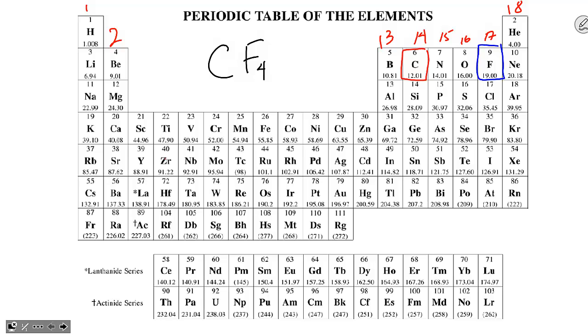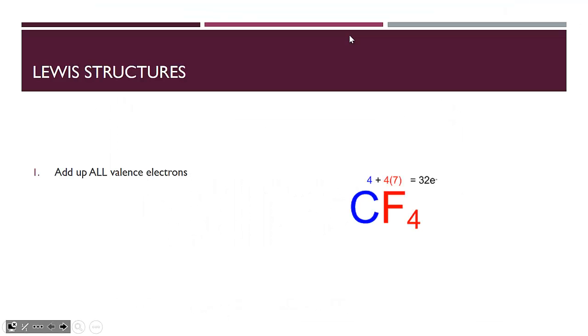Carbon in column 14 will allow me to use 4 of its electrons, its 4 valence electrons, while each fluorine in column 17 will allow me to use 7 of its electrons. There are 4 fluorines, so if I add up how many electrons I have to work with, I have 4 plus 4 times 7, or 32 electrons in total.